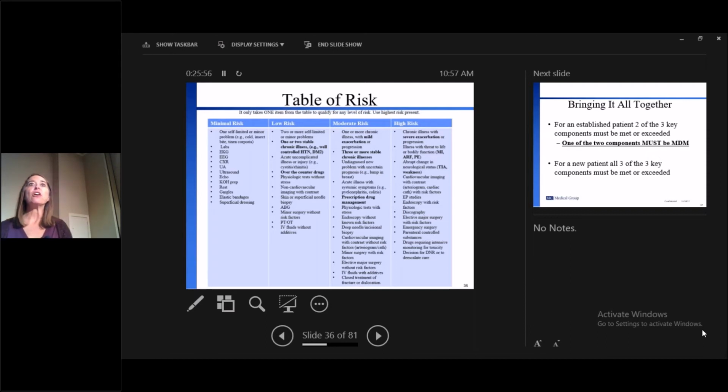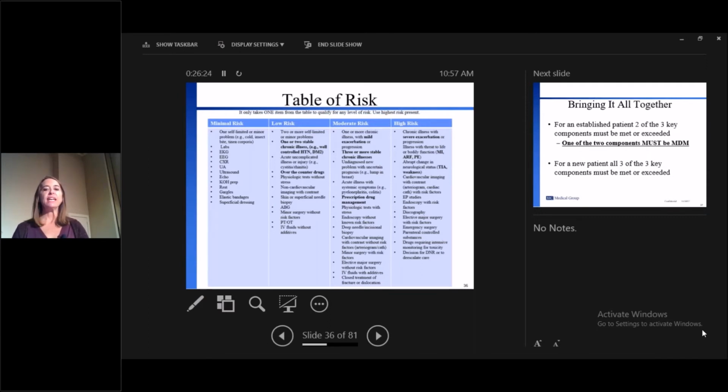Prescription drug management is also in this. So if you have a diabetic patient who you're giving metformin to, that right there also pops them into that moderate risk section. For your high risk, if you've got a chronic illness with a severe exacerbation, that's going to be into your 5. If somebody's actively having an MI in your office, or if they are actively having a PE, that's going to be a higher risk.